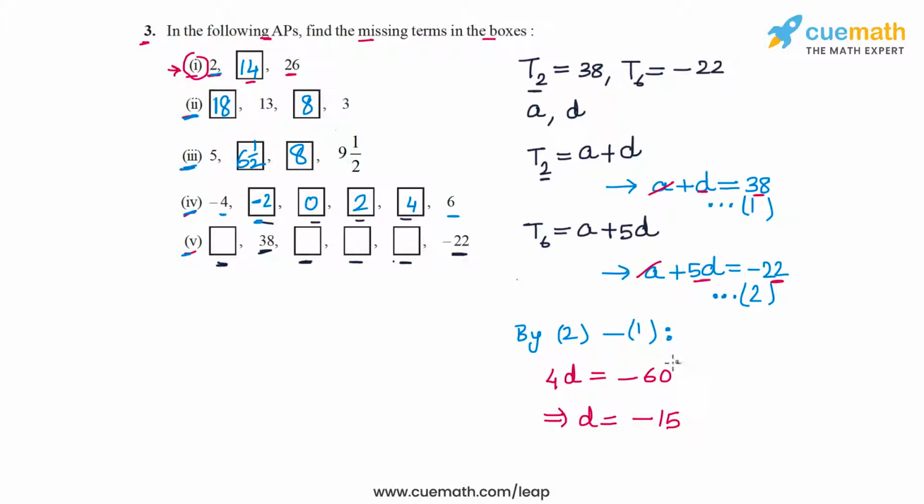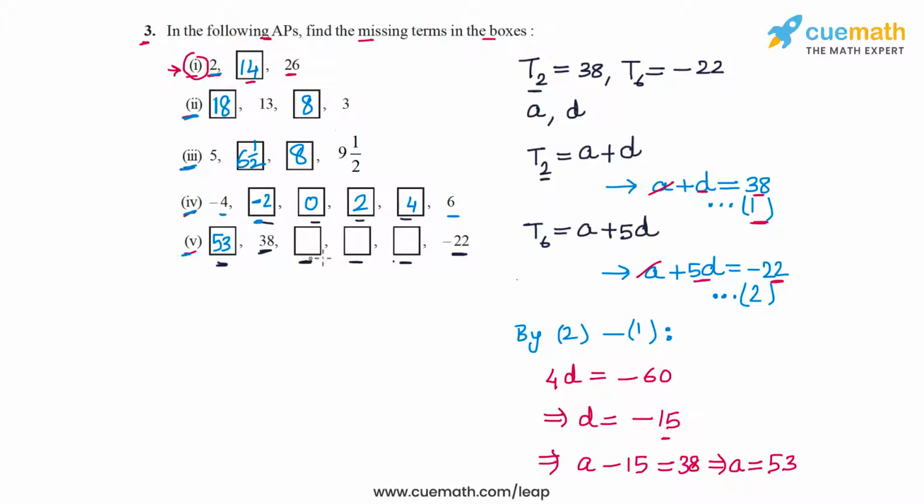And now that I have d, I can plug it into any of the two equations and find the value of a. So let's plug this value of d into the first equation. a plus d is equal to 38. So a minus 15 is equal to 38. And this gives us the value of a. a is equal to 38 plus 15. So this is equal to 53. So the first term is 53.